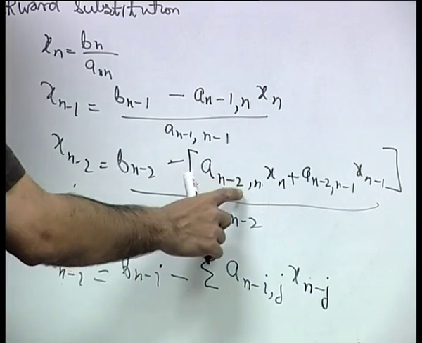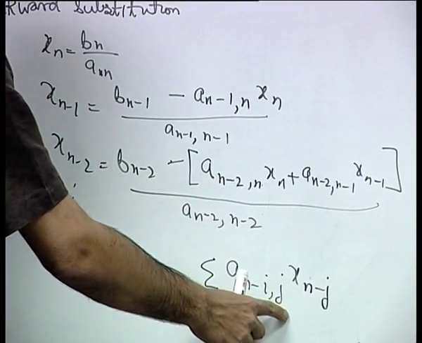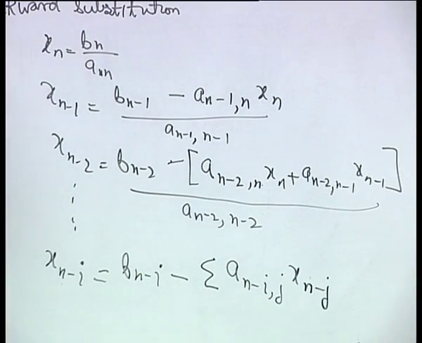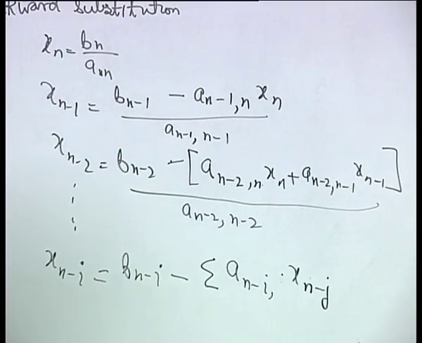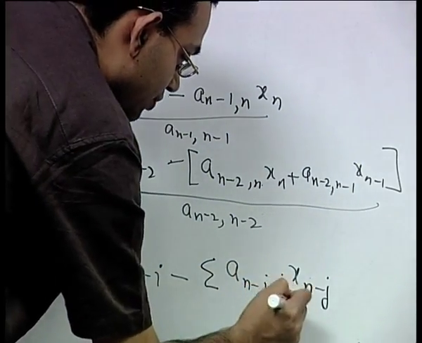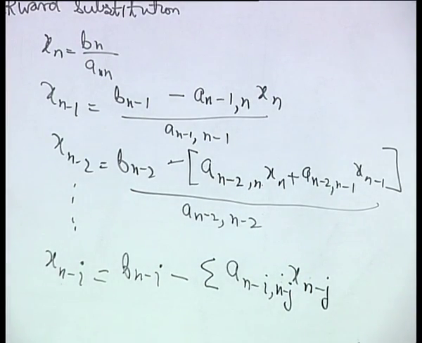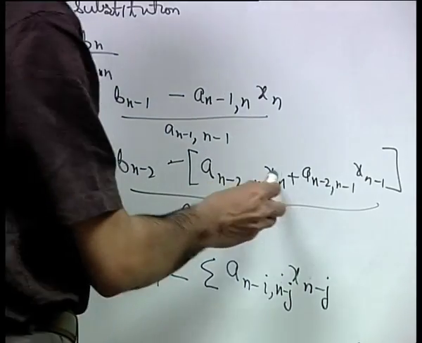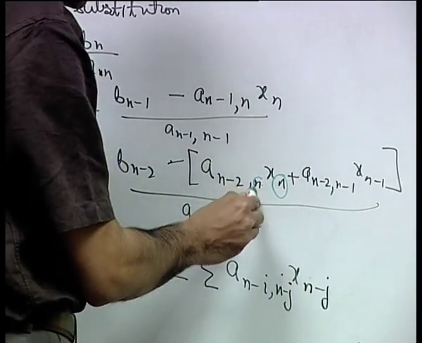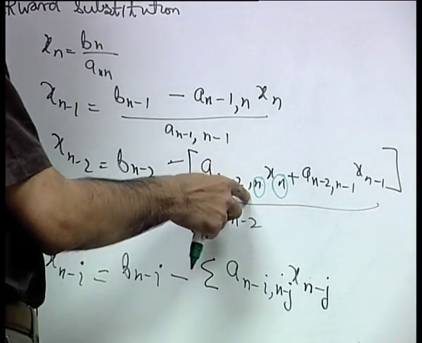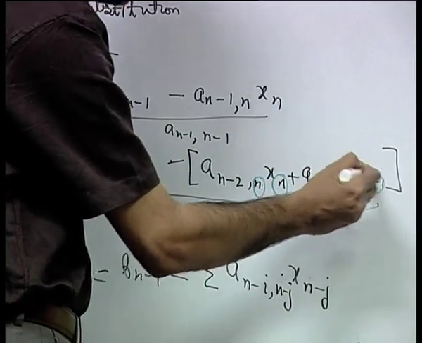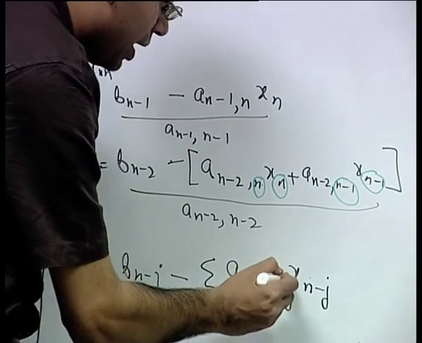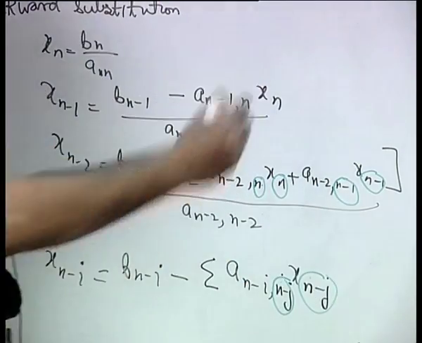So, a_{n-i,j}, you can write this also as n minus j, because you have put the index with x as n minus j. You can clearly see that whatever is the index with x, the corresponding index is with the second index of a. So, here it is n minus 1, this is also n minus 1. So, here this is n minus j, this is also n minus j.